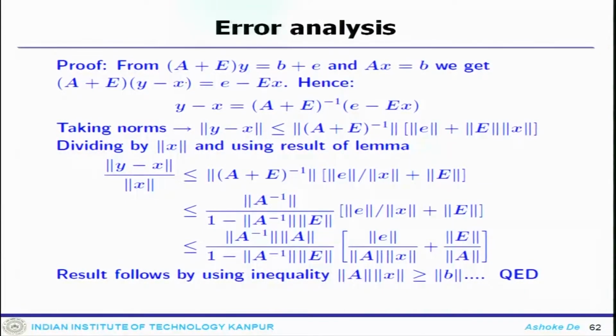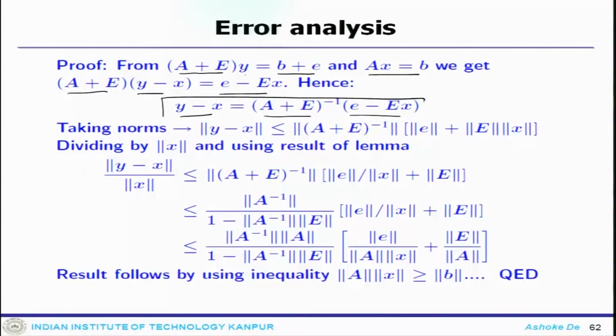You consider (A plus E) y equals B plus epsilon and A x equals B. So, what we get when we write (A plus E)(y minus x) equals epsilon minus E x, hence y minus x equals (A plus E) inverse times (epsilon minus E x).